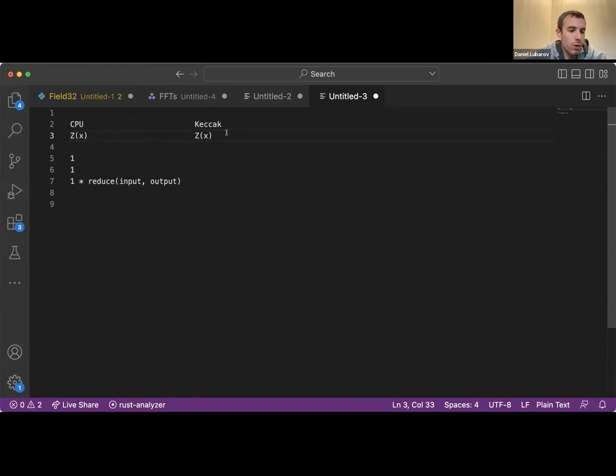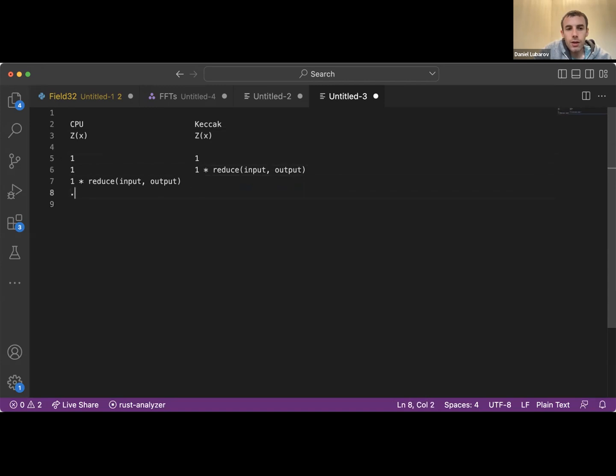So in other words, one whole Keccak permutation takes 24 rows. So only on rows that are a multiple of 24 do we actually have the result that we want to pass back to the CPU table. It's the final output of the permutation. So similarly here, we start at 1, and then on certain rows, it gets multiplied by a randomly reduced input-output pair.